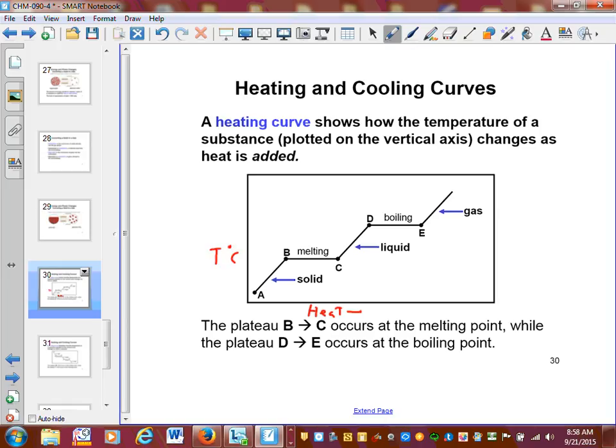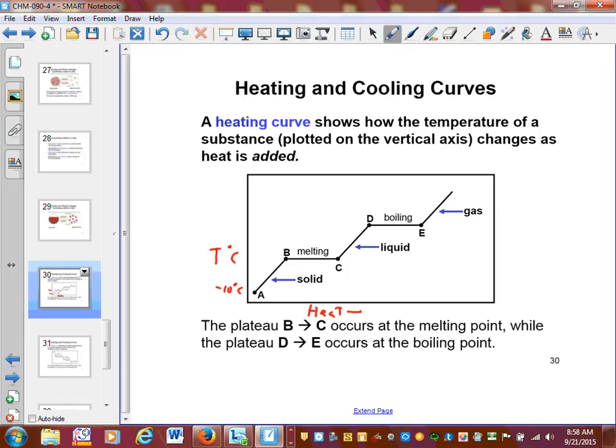Let's say we start with ice, at minus 10 degrees C, way below its freezing point. We start adding heat, so we're heating the ice.